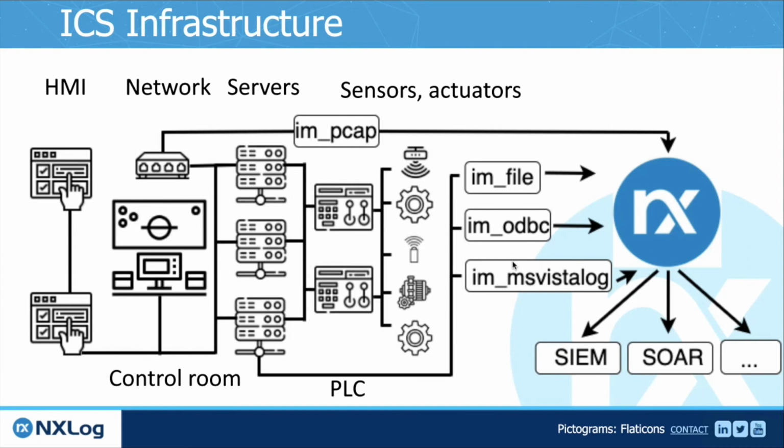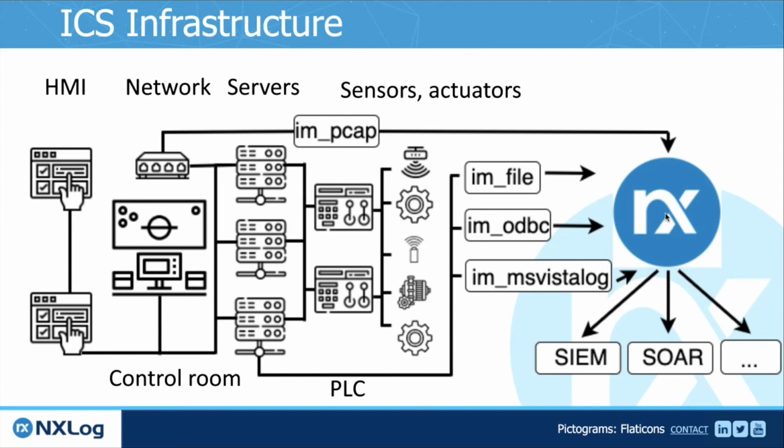So in this way, we can control the Windows controlling our infrastructure, but also some important parts of the ICS software. And here, directly connected to the network, we have im_pcap listening, and all of these sources can be handled by a single NXLog Enterprise Edition agent.